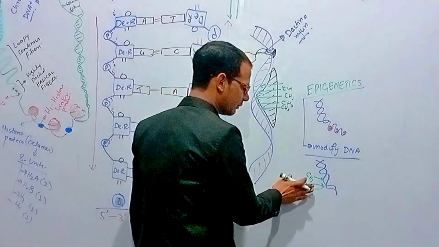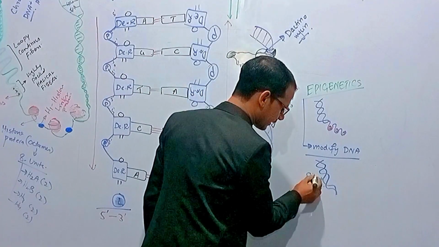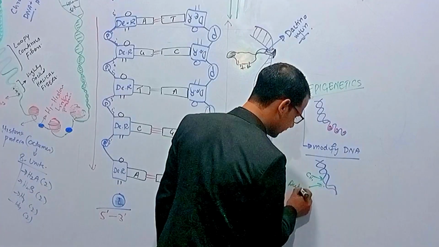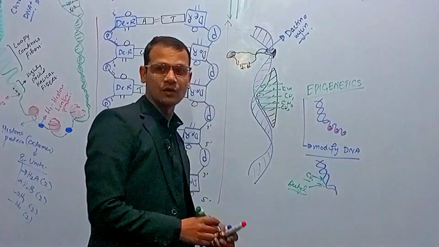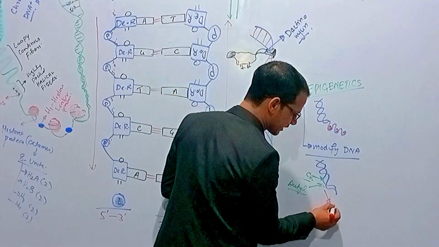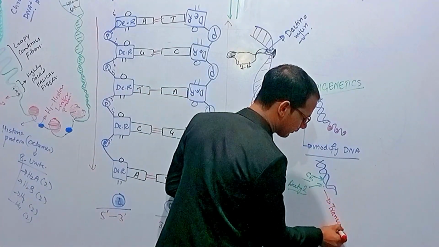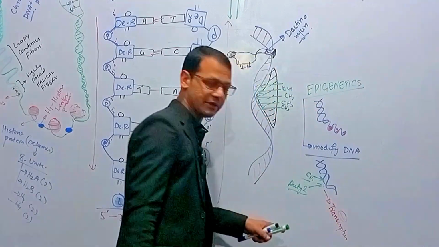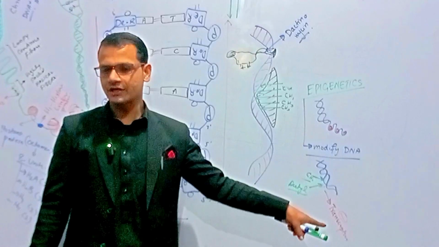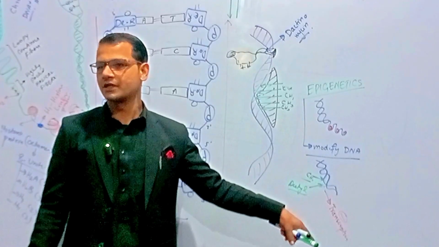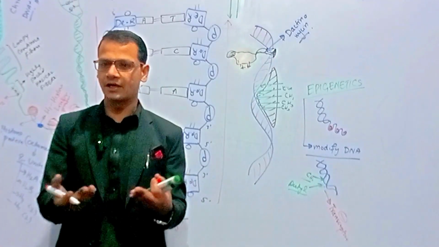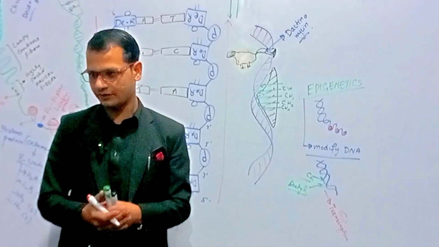Only one methyl group will be attached to this, right? Or we add an acetyl group. It will prevent this DNA from gene expression, meaning from transcription. Transcription will be prohibited, and when transcription is prohibited, the cell is prevented from cancer, because now the cell cannot make more proteins and will not go to S phase, right?